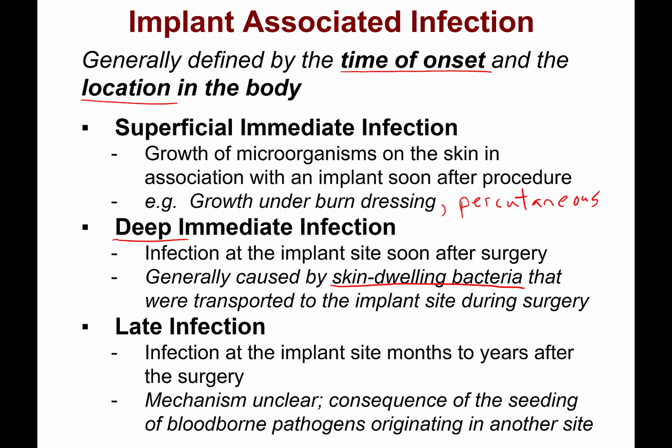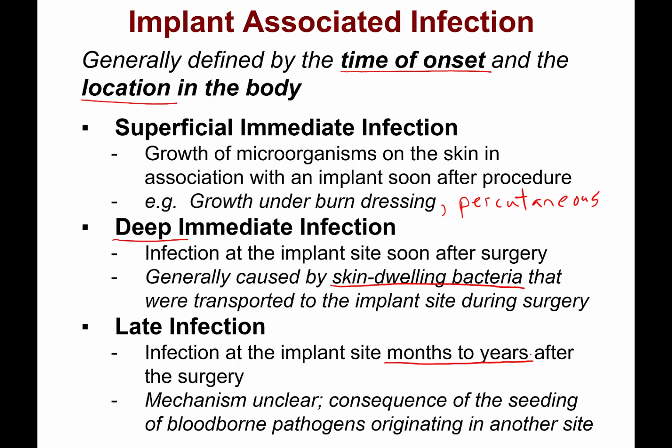The third way we can classify it is late infection. And this is really probably the most problematic of the three. So with superficial immediate infections and deep immediate infections, as long as your device is sterilized and you sterilize the surgical site before you start making incisions, you should be able to prevent these. But the late infections, these can occur at an implantation site months to even years after a surgery is done.